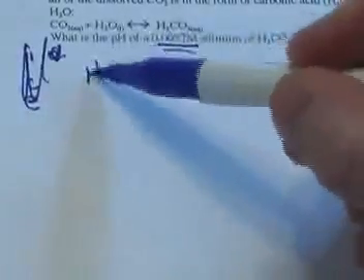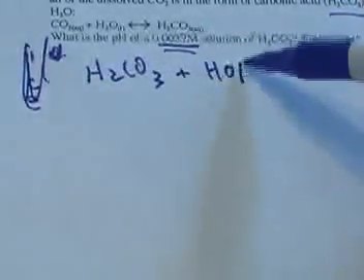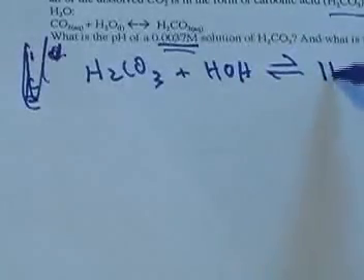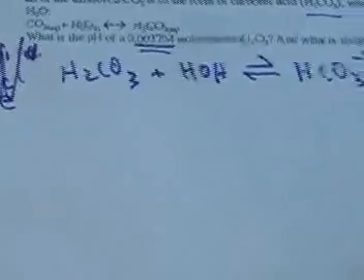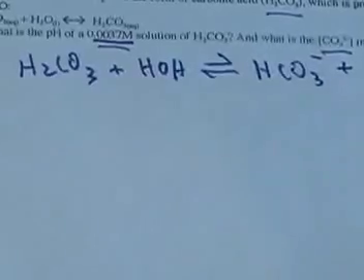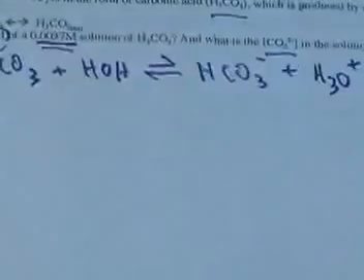First of all, write the equation: H2CO3 reacting with water, HOH, and then we'll put some HCO3 minus over here, and it dissociates and gives away a proton to form H3O plus. Okay, and it wants to know the pH. So the thing that we're going to look for is the H3O plus in this problem.